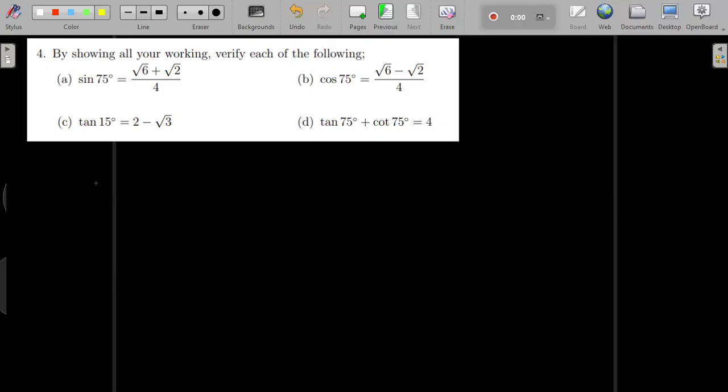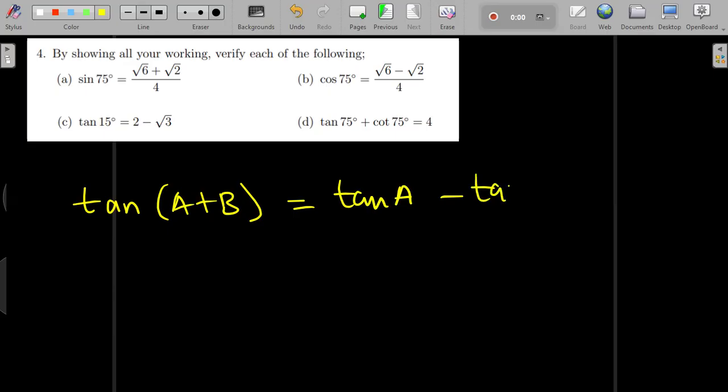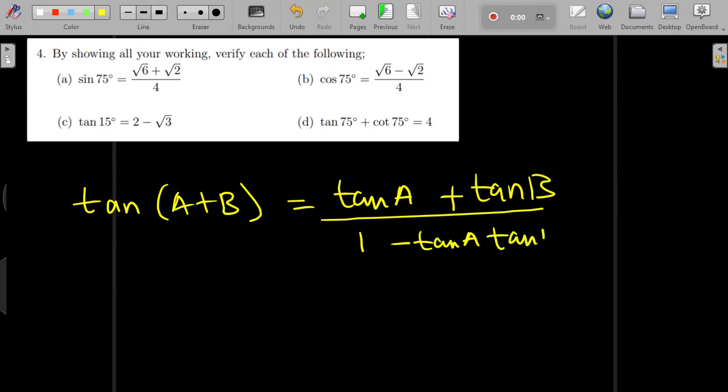Okay, we are going to say tan A plus B is equal to tan A plus tan B, here I should have a plus when you're dealing with the tan, and then in the denominator, I'm going to have 1 minus tan A tan B. Okay, so if I have a plus here, it means in the numerator I'm going to have a plus again, but in the denominator, I'm going to have a minus.